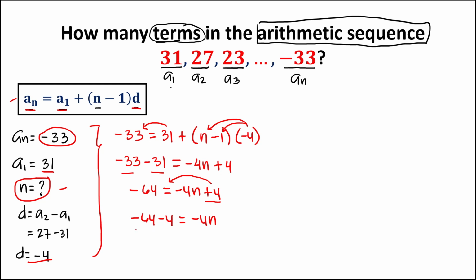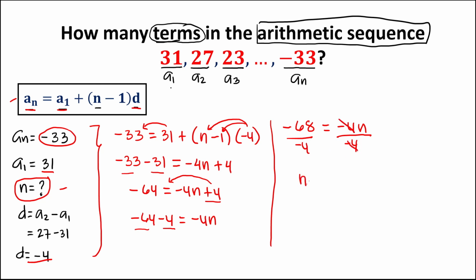Then for this negative 64 and negative 4, the same sign negative, so we need to add, and this becomes negative 68, equals negative 4n. Then to solve for n, we need to divide both sides by negative 4, so cancel negative 4.